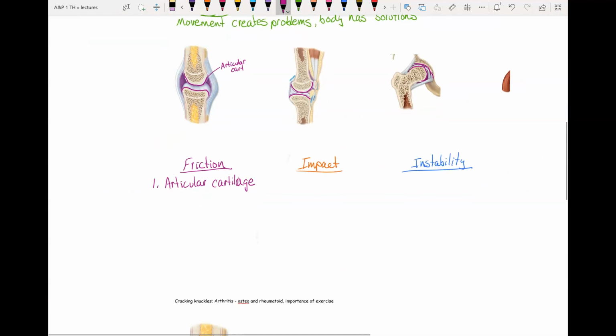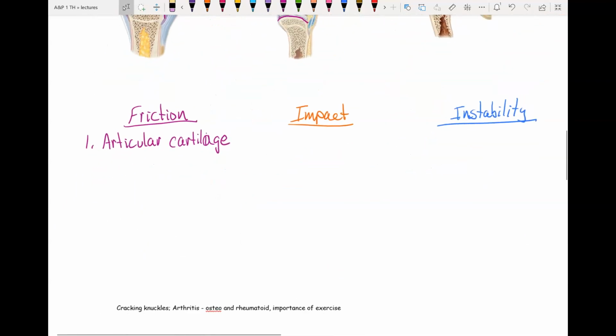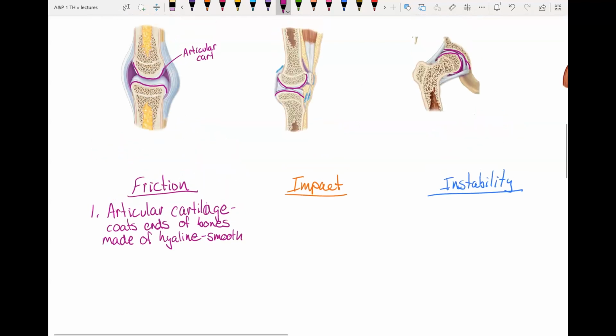And this is made of hyaline cartilage. So articular refers to the location. Articular cartilage means that it coats the ends of the bones. Hyaline is what it's made of. And hyaline cartilage is very smooth. Your book describes it as glassy. It's smooth and slick. So that reduces friction.